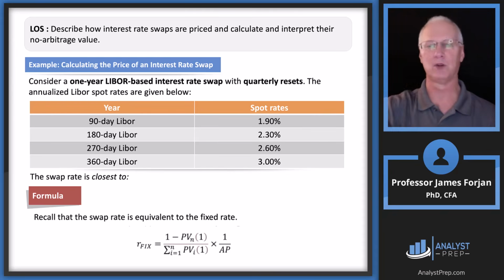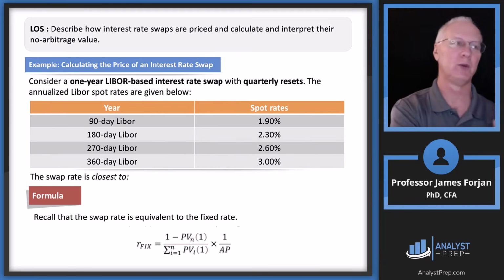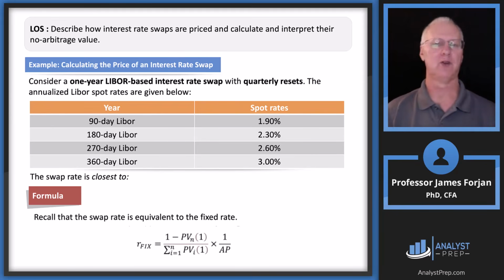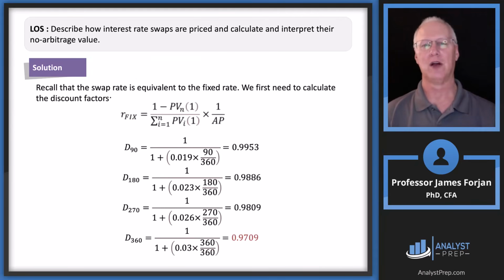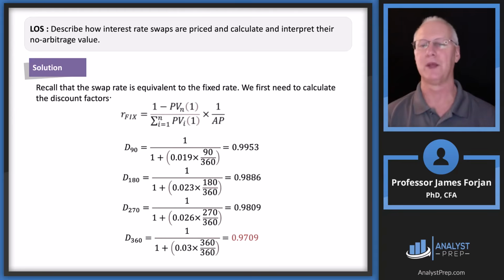So once again, upward sloping yield curve. What we need to do is figure out what that swap rate is going to be, just like we had to compute that FRA rate a few moments ago. So let's first calculate our present value factors. That's what the PV0T means. All we're going to do is take our yield curve, 1.9, 2.3, 2.6, and 3, and put those numbers in the denominator.